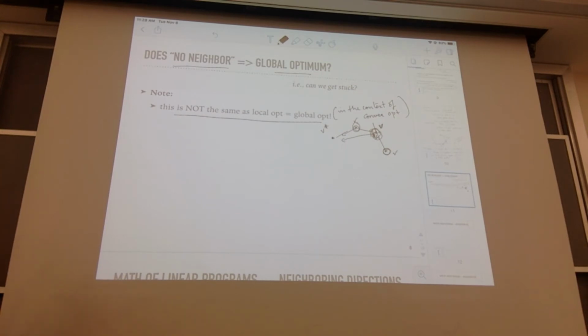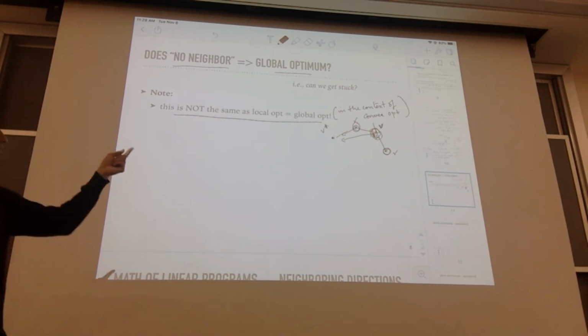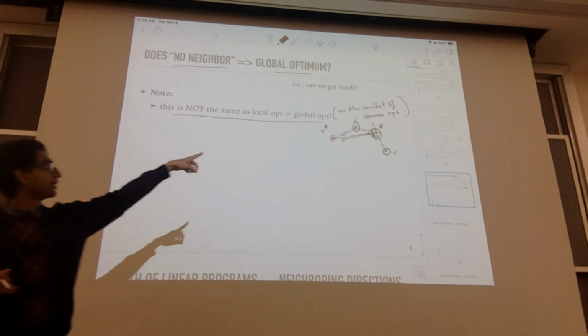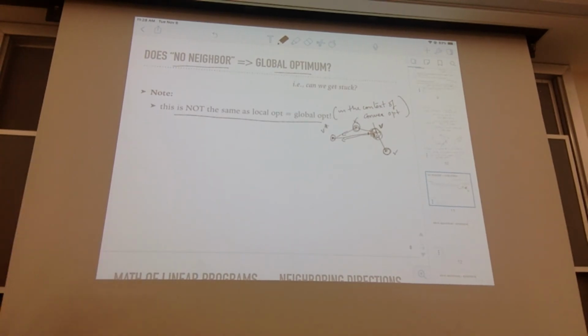What regular convex optimization will tell you is that if V star was a better point, then some point close enough over here, let me draw it with a different color, this point is better than V. This follows just by some linearity, because if you reduce cost by going all the way to V star, you also reduce by going half the way here, and so forth.